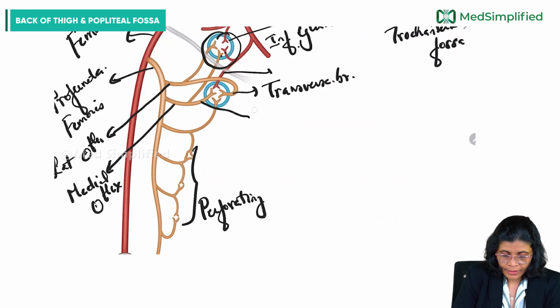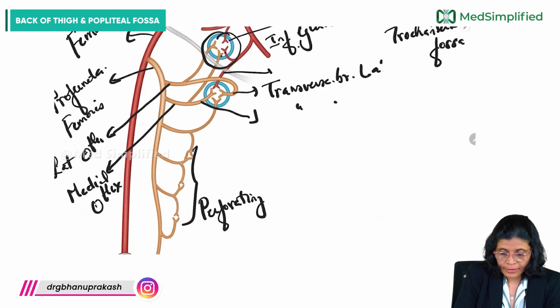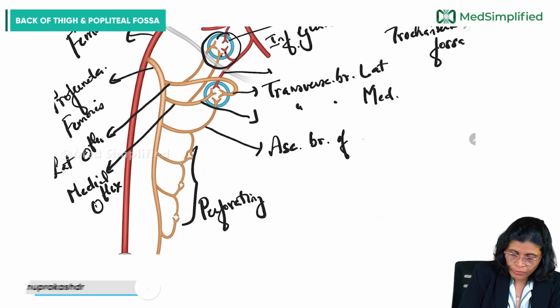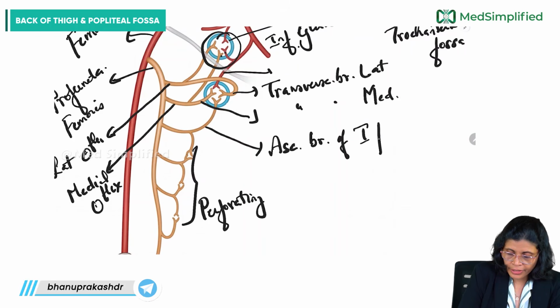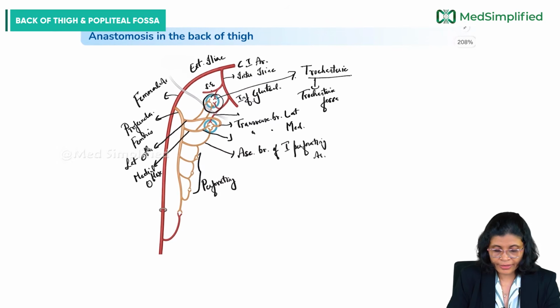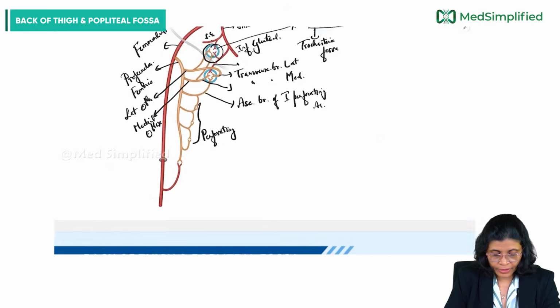So lateral circumflex and medial circumflex here, and this is the ascending branch of the first perforating artery. Okay, so these vessels form the anastomosis in the back of the thigh.